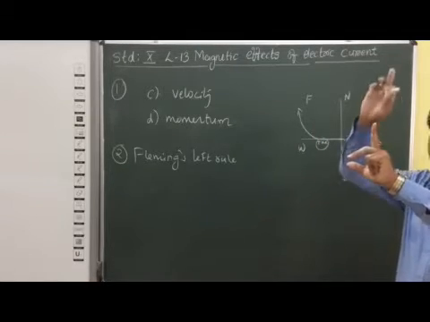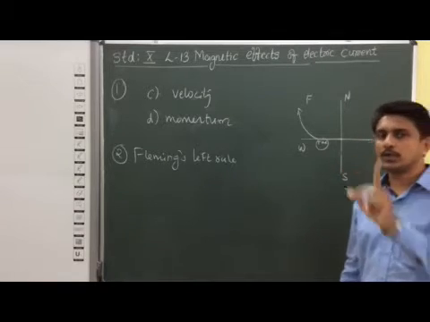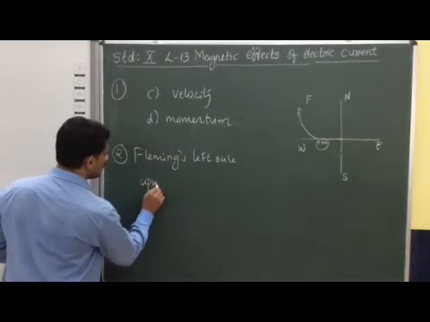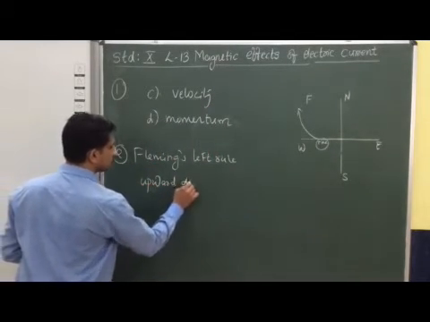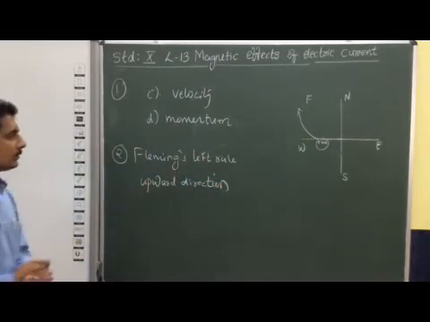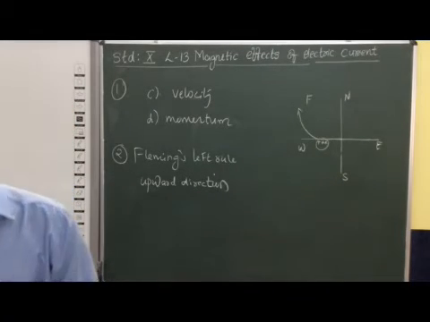That means this is the direction of the magnetic field. So it should be in the upward direction. So the answer is that the direction of the magnetic field is in the upward direction.